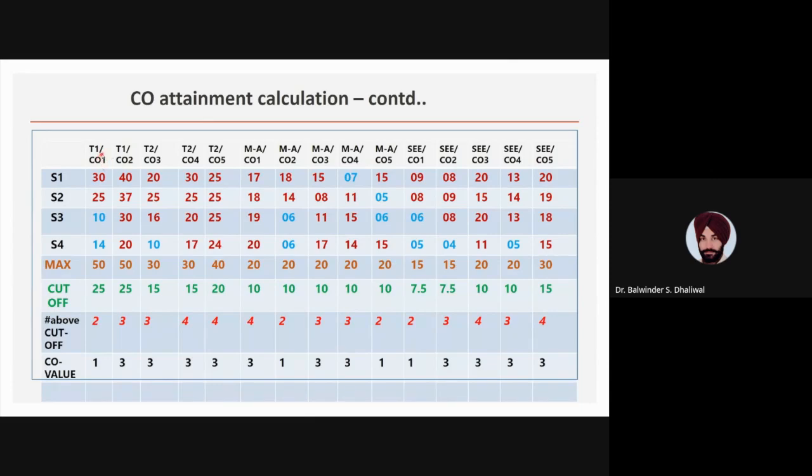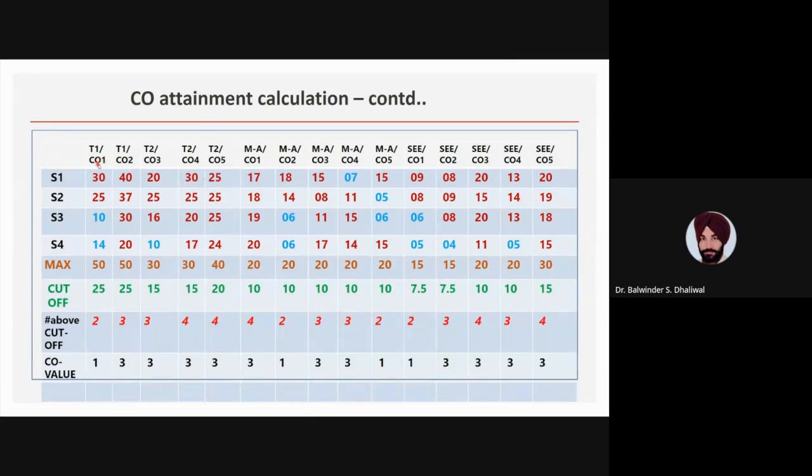Now you can see that for internal test 1 there are two columns. One column represents CO1, the second represents CO2. We are considering that this particular subject has 5 COs, and all these 5 COs have been assessed through 3 different kinds of tools.